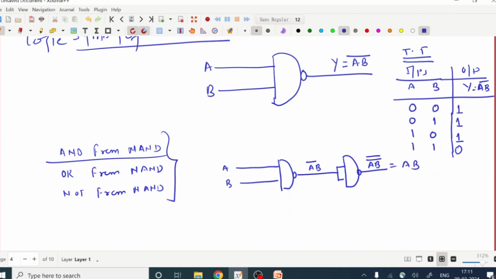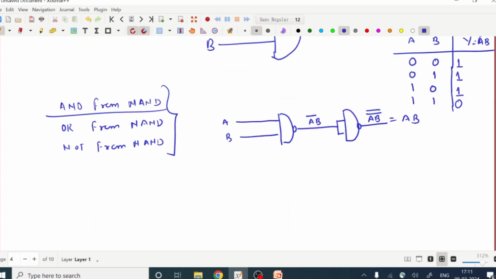So this is the process of designing an AND gate by using NAND gates. So this is the first, AND from NAND.